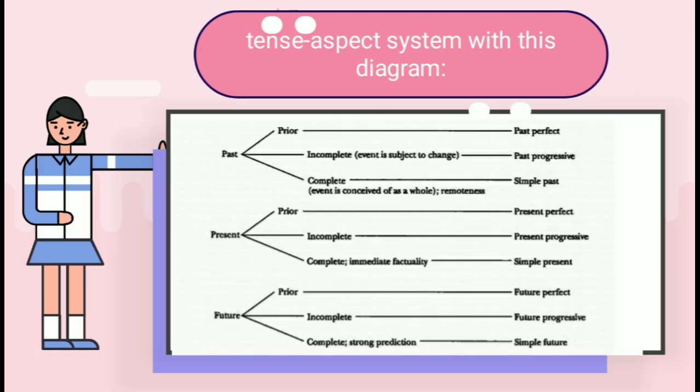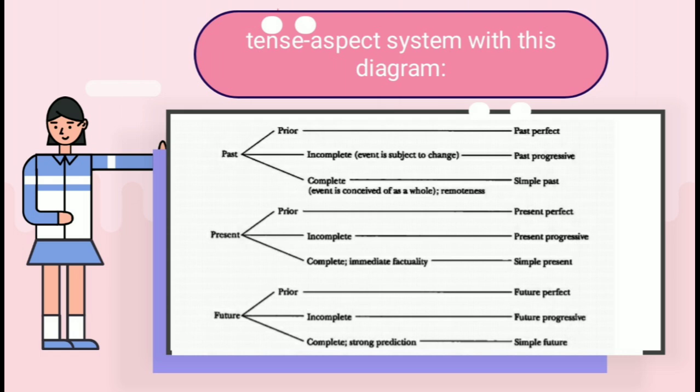We can sum up our observations so far concerning the core meanings of the English tense aspect system with this diagram. So we have here the past, present, and future. So sa past, we have prior and complete. So the past and prior is past perfect na siya.